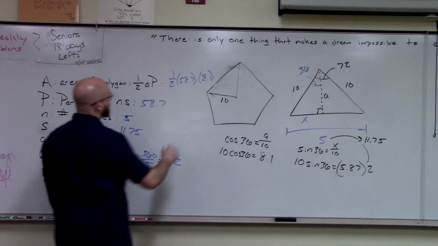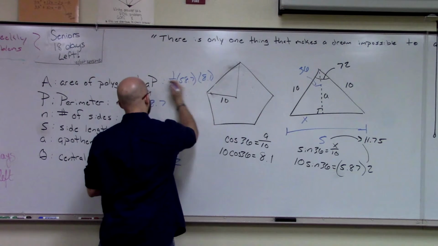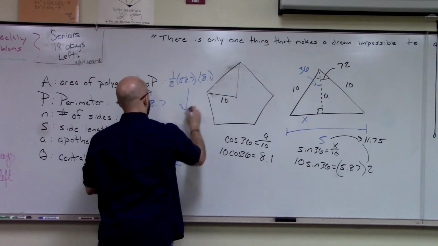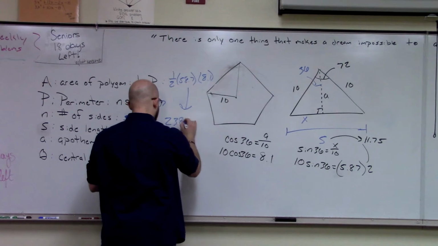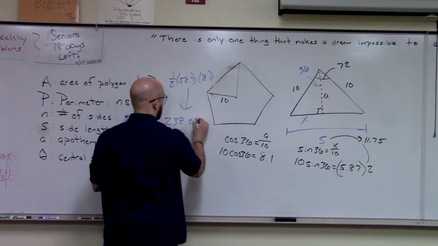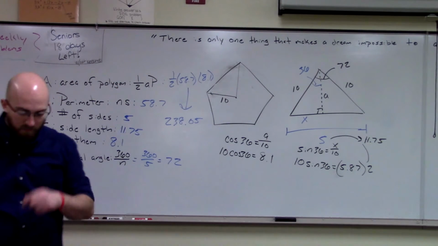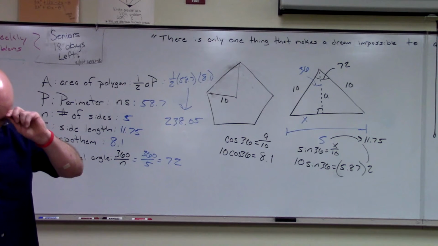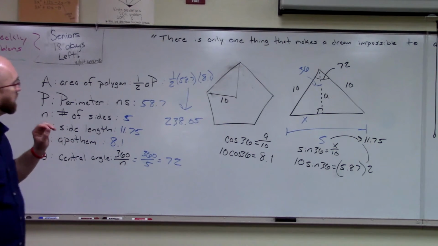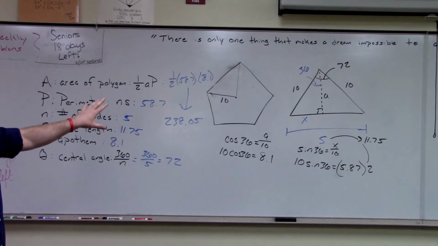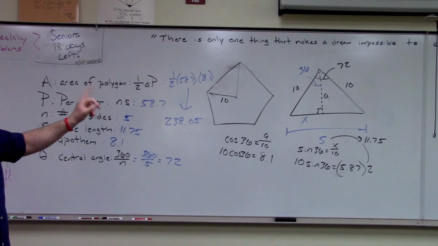And we're going to get 238.05 is our answer. That's our area of a polygon. Okay. Again, it's unit squared, so whatever unit you're dealing with. All right. So there's an example of where it gives you the radius, and you need to find the apothem and the side length. So you got to make sure you double it up.